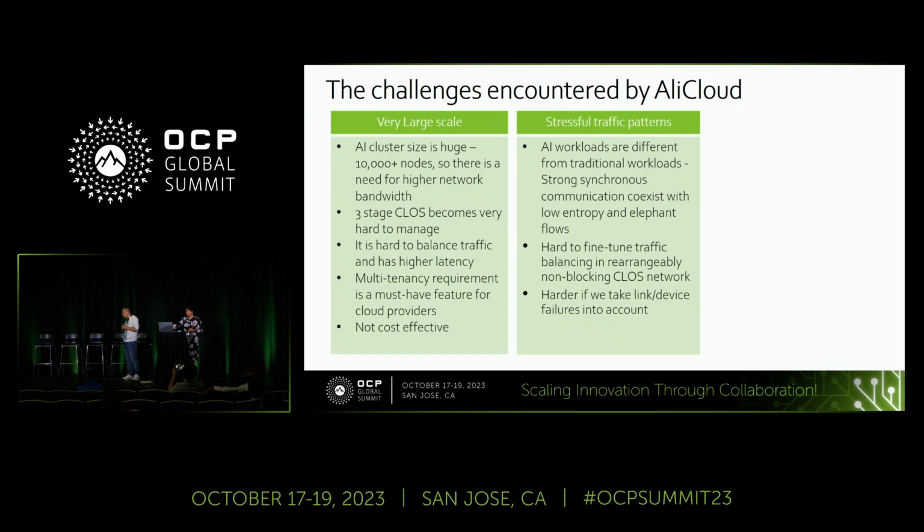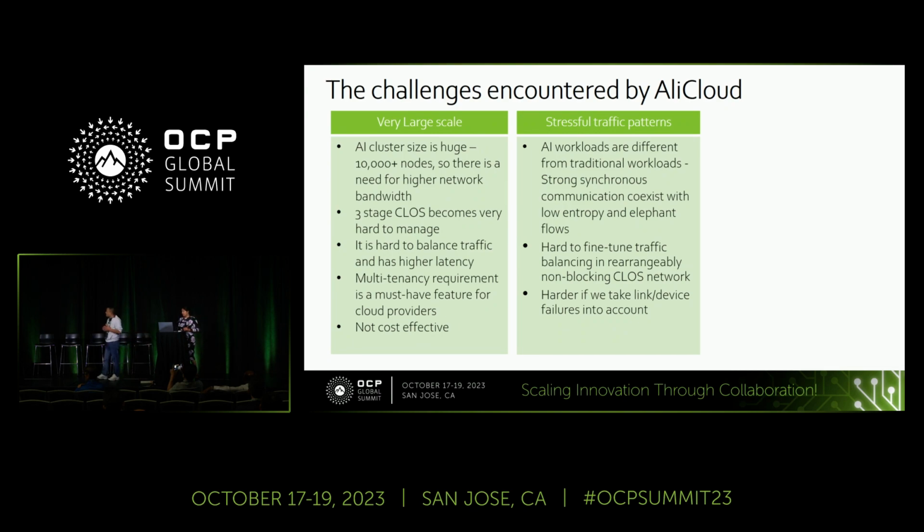Actually, this is very hard to fine-tune for load balancing in a Clos network, since the Clos network is a rearrangeable non-blocking network, which means different traffic patterns and different connection maps require different path arrangement. It's dynamic.